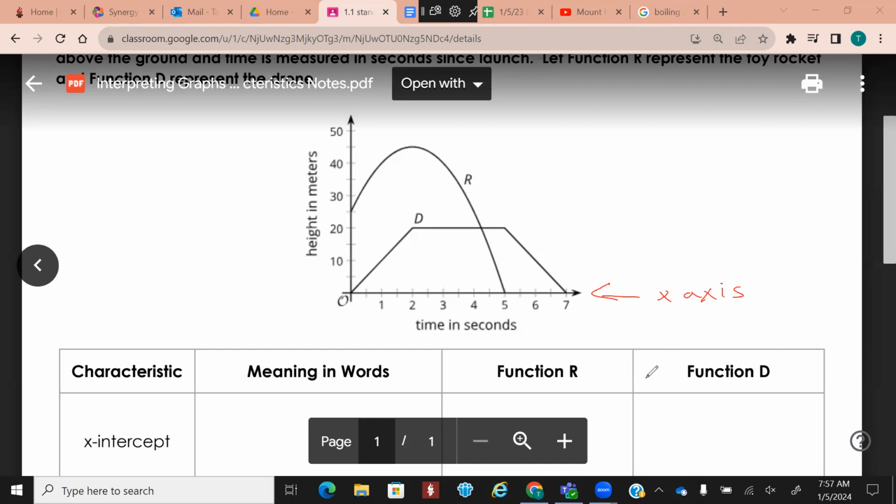Now let's think about this in real life terms. Where is the x-axis in our real world? The ground, right? So in words, the x-intercept is where it touches the ground, or the x-axis.